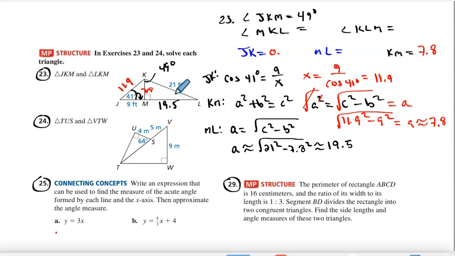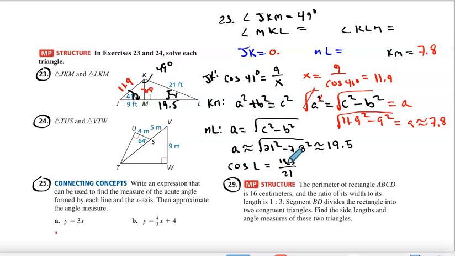All right, and then the last piece here, this is 49 in there. So I need one of these angles, so angle L or K I could use. If I use angle L, I could use the adjacent over the hypotenuse. Adjacent over hypotenuse is cosine, so cosine of L is equal to adjacent, 19.5, over hypotenuse.